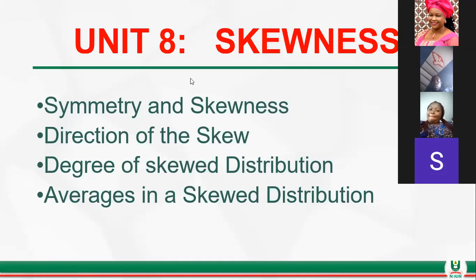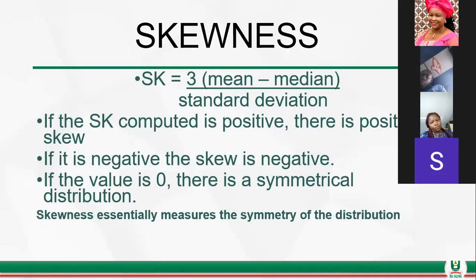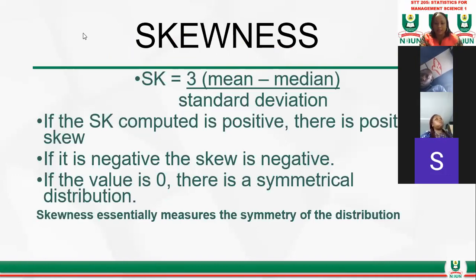Skewness tries to reveal certain features about the distribution with the slope on either side of the peak. So you are expected to know whether the distribution is positively or negatively skewed or symmetric, depending on the direction of the skewness.